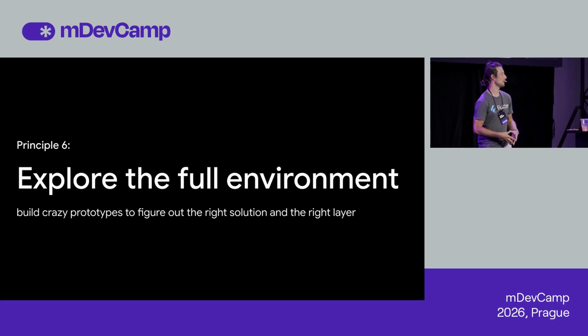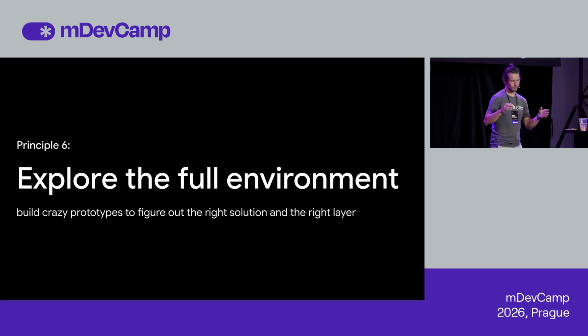So the last principle that I have is explore the full environment. In order to explore the full environment, you should explore what is the right solution and on which layer is the right solution. This means you actually need to check out the source code of the frameworks that you're using, of the packages that you're using, and step through it with the debugger and change things and see what happens if something changes.